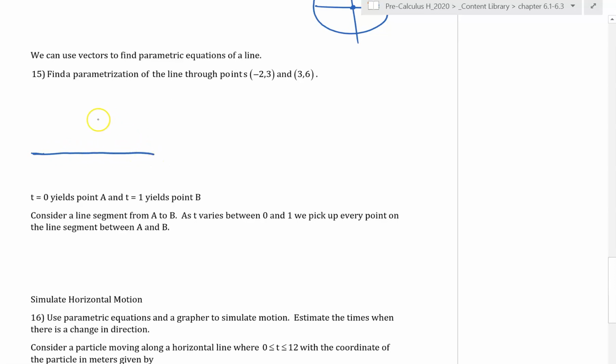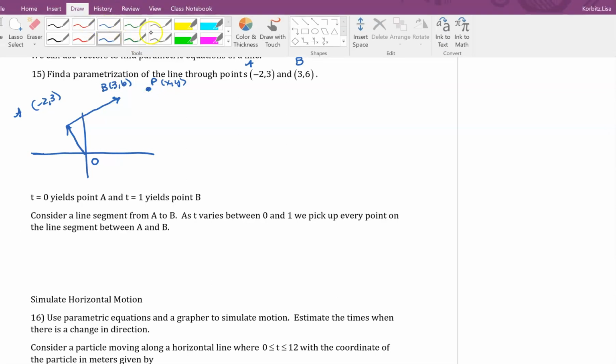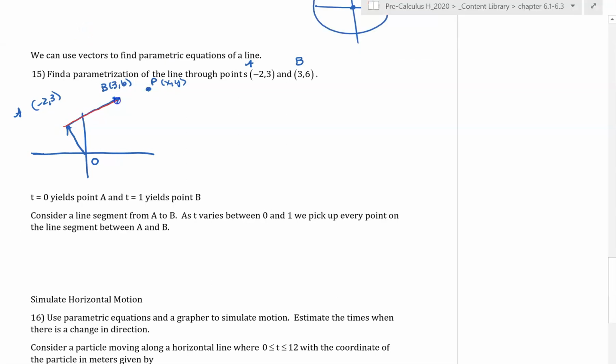Let's say that we're considering the points -2, 3, which we'll call point A, and we'll call this point B. Let's call this O. I put another point P over here, and the only thing that's interesting about P is that P is on that particular line that goes through A and B.